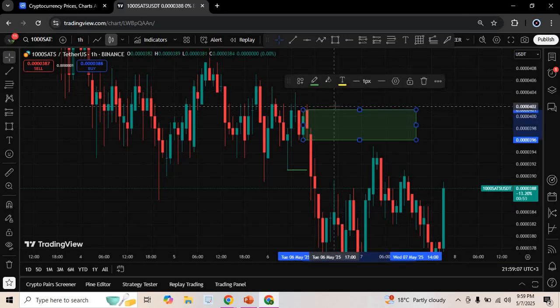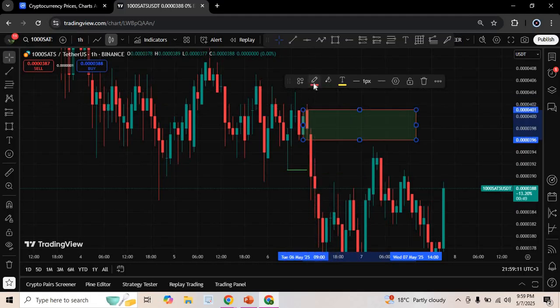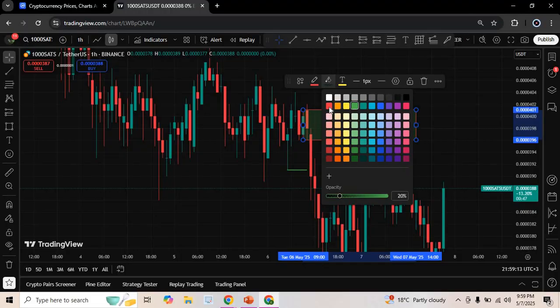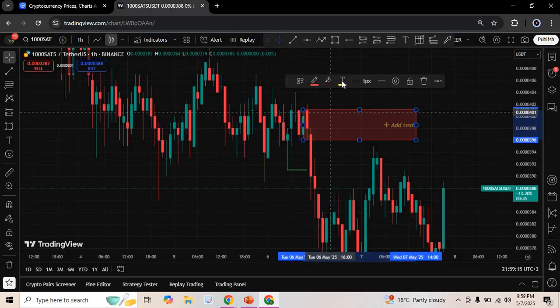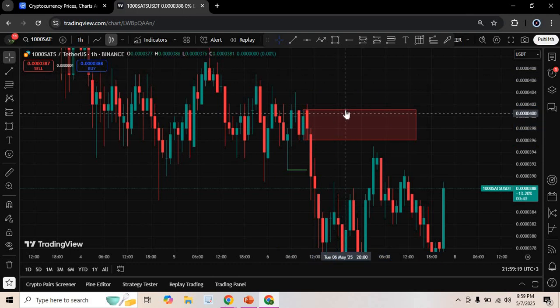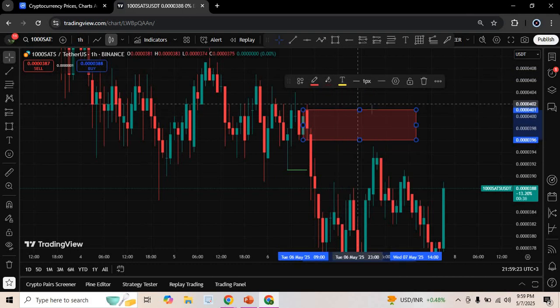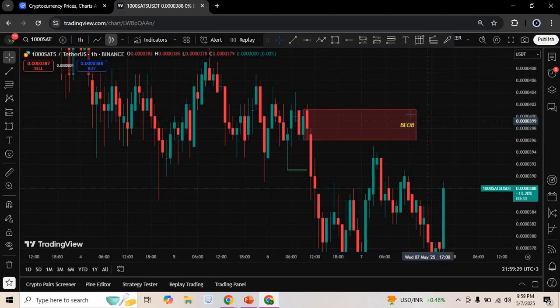If you want to edit, not even delete alone, if you want to edit, maybe the color, that's how you edit. If you want to fill that with that color, that's how you do it. If you want to name it, come to the text tool right here, and you can change the way you've named that, add text right here, and say this is a bearish order block, like that.